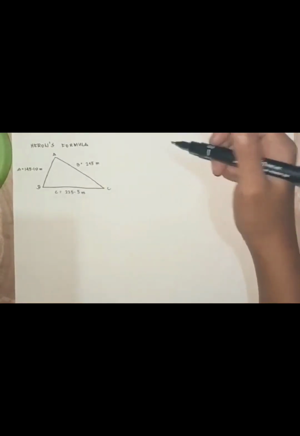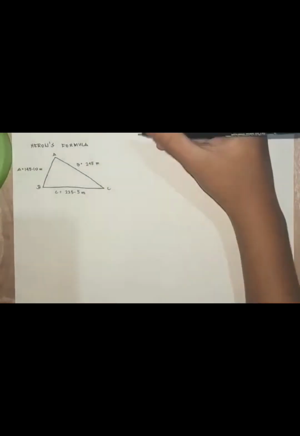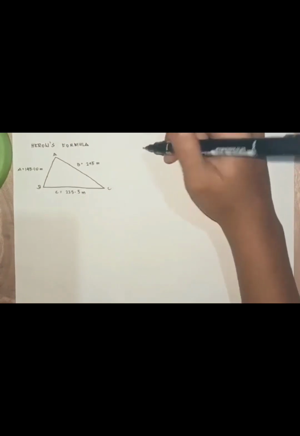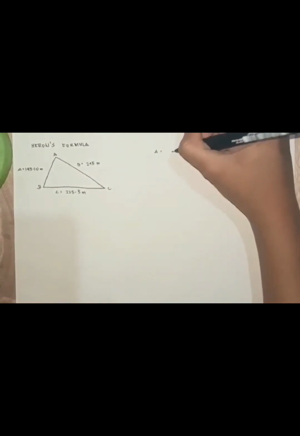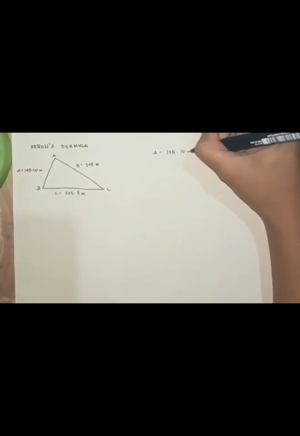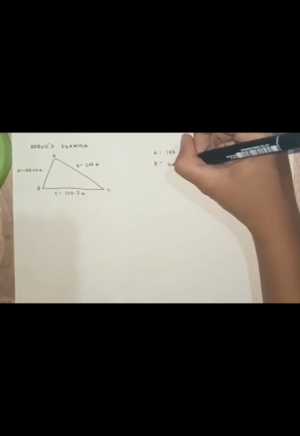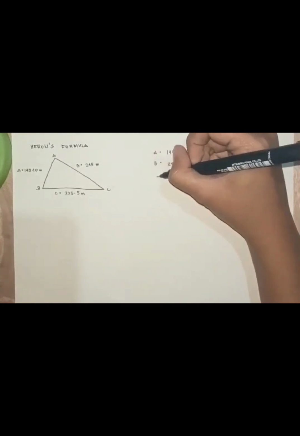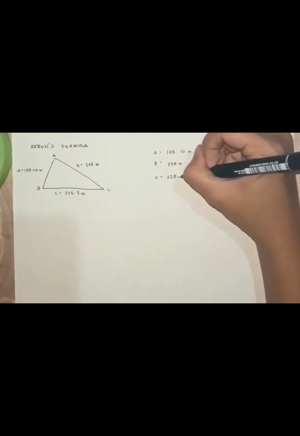The first step in doing this Heron's formula, first we will write the given value of A, B, and C. The value of A is equal to 145.10 meter, and then the value of B is 245 meter, and then the value of C is 225.5 meter.